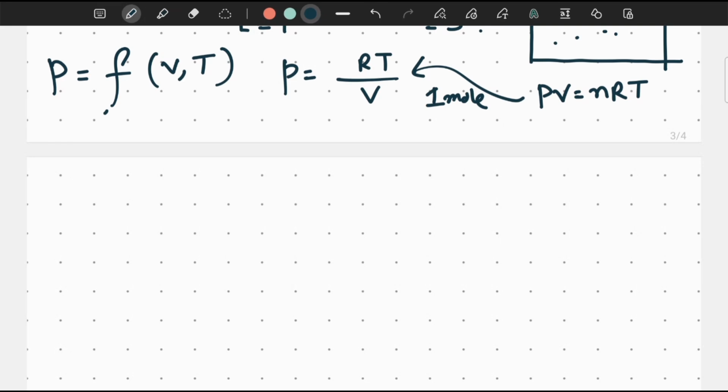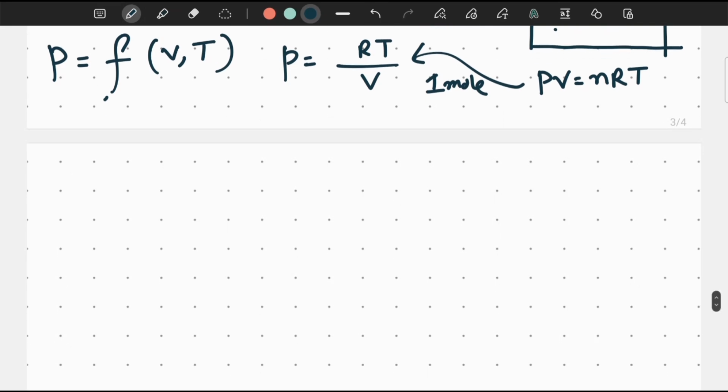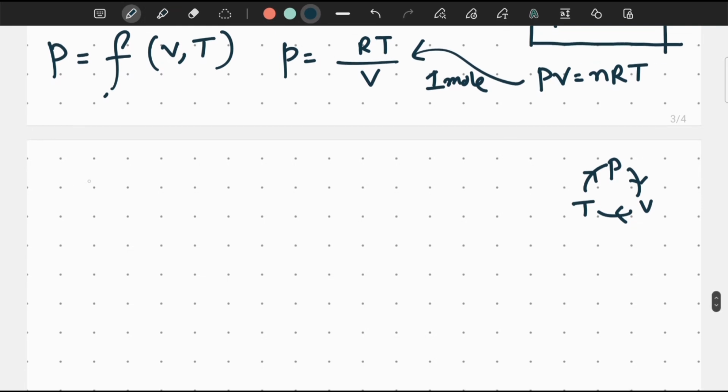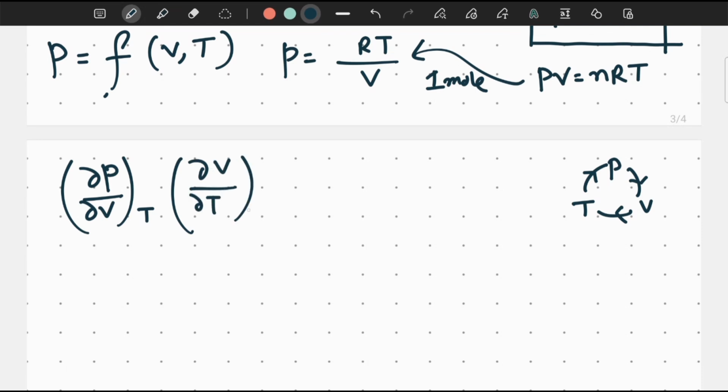Now we can write our cyclic rule. As P is a function of V and T, we identify P, V, T and draw the cycle like this. So the cyclic rule will be del P by del V at T, times del V by del T at P, times del T by del P at V, equals -1.